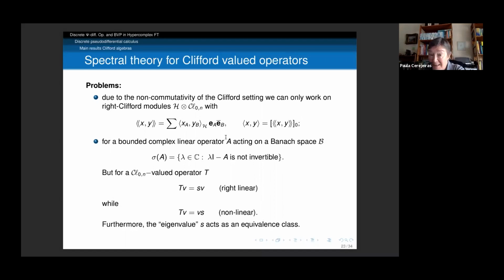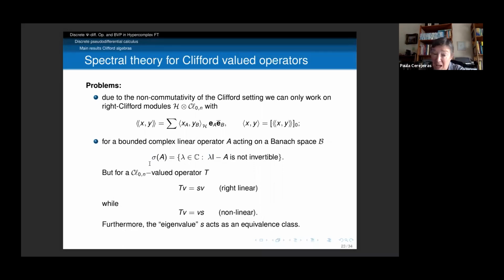And since you want to study compactness of the operators, you want to study also eigenvalue problems. The eigenvalue problem is quite clear when you have matrices of real valued or complex valued operators, where you simply demand that this operator is not invertible to calculate the spectrum.